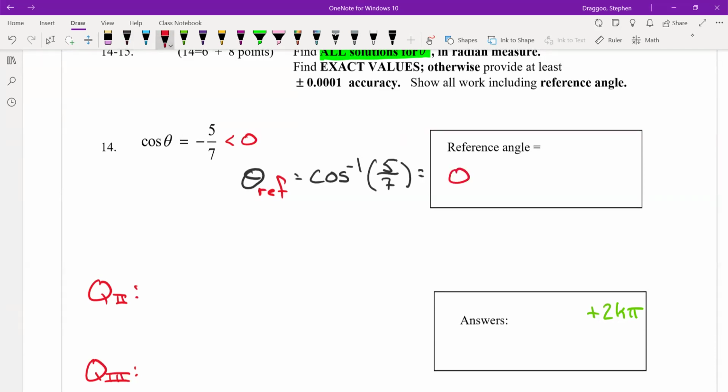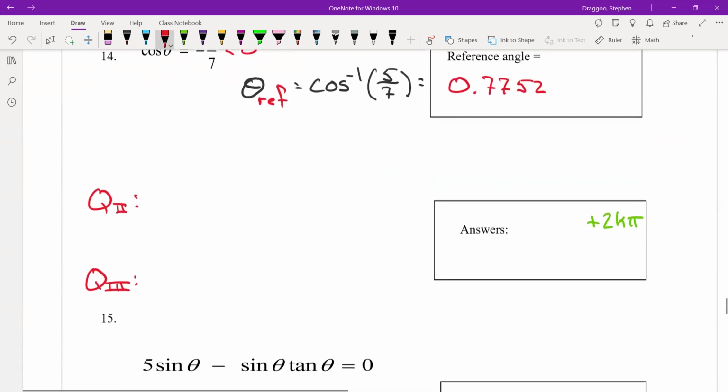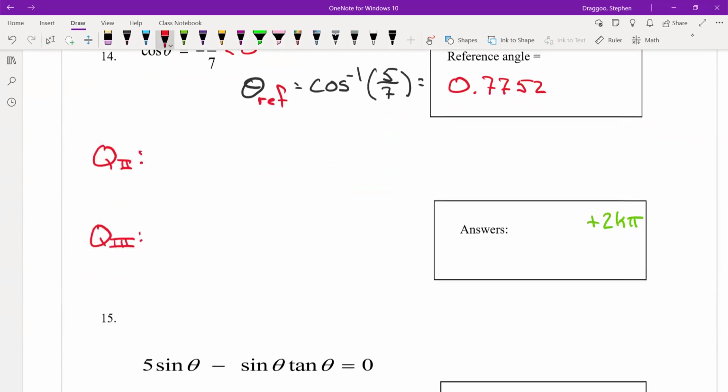If we switch our calculator back to radian mode, 0.7752. So now that I know my reference angle, I'll come back to those two quadrants I know I need to be in.